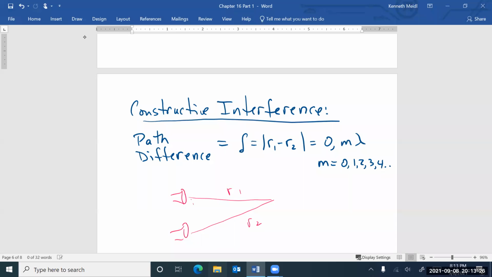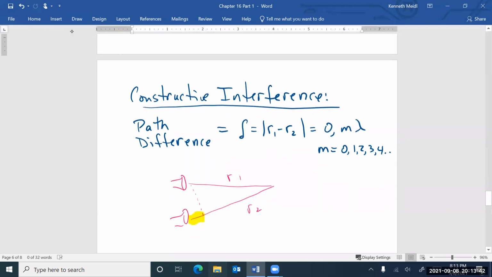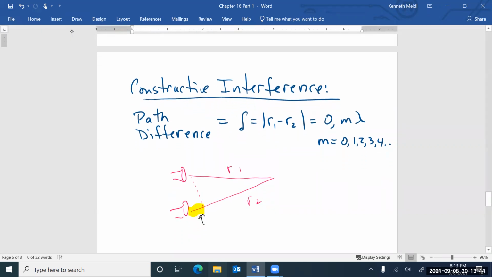If I came down here and looked at the path difference, how much further R2 has to go than R1, if a whole wave can fit right there, then we have constructive interference.